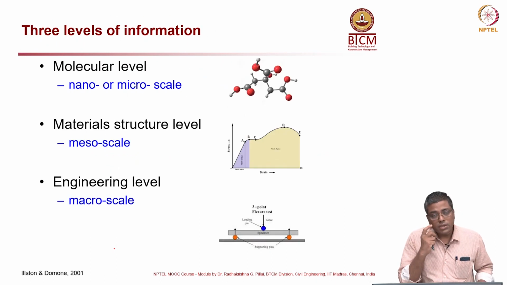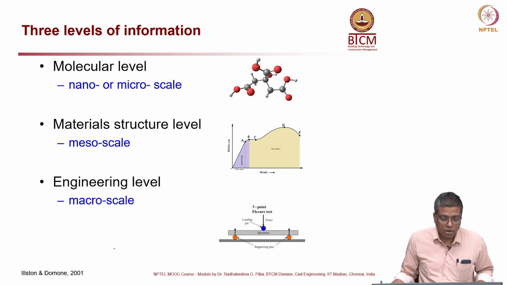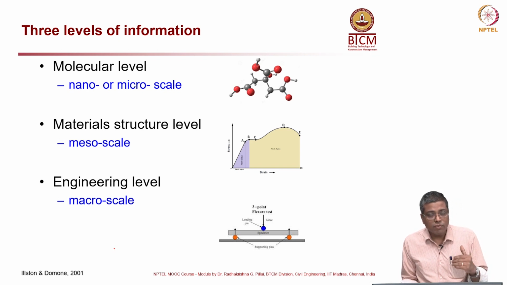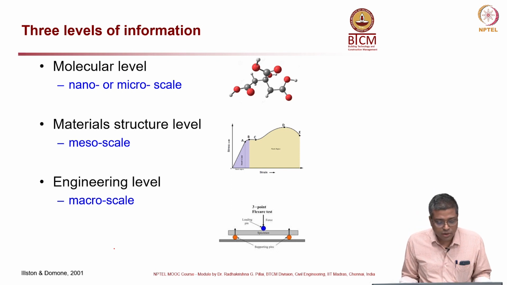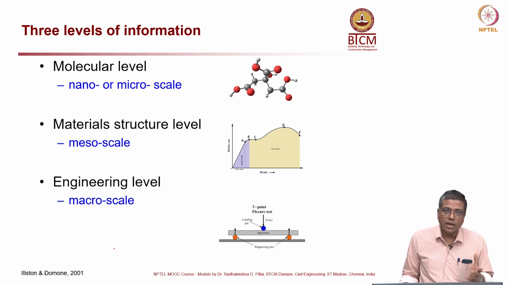Okay. Now, what are the three levels of information we talk about when you talk about materials, especially in construction? I am going to talk about three levels. One is the information which is available at molecular level, and that we can say even nano or micro level information.